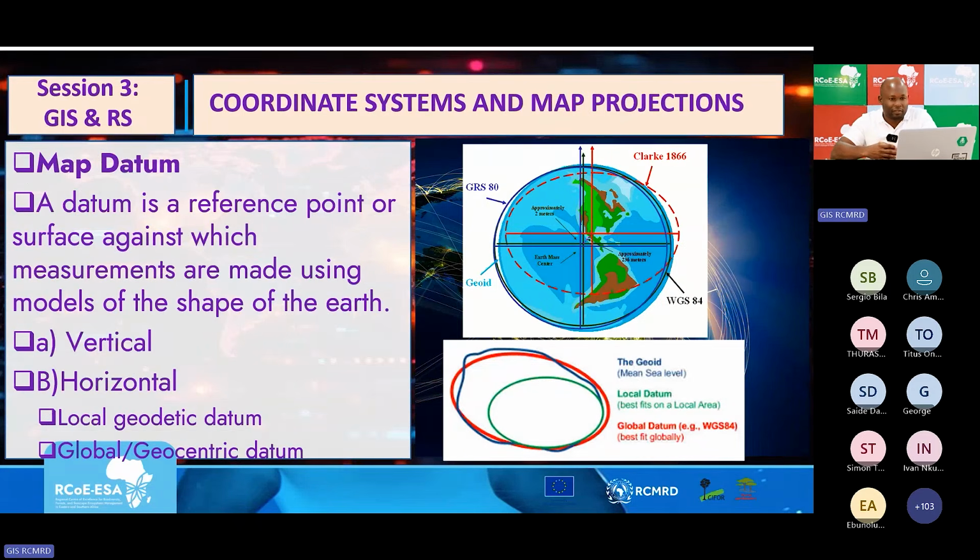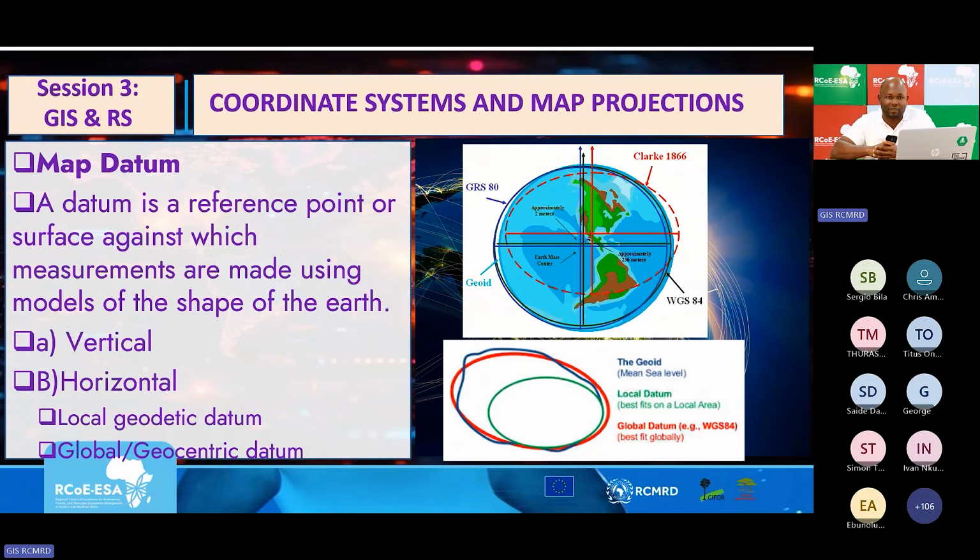Key components of GIS and remote sensing that we need to keep in mind as we start mapping. Number one, we need to understand one thing called datum. And datum, we are talking about reference points from where you start your measurements. There are two major subdivisions.